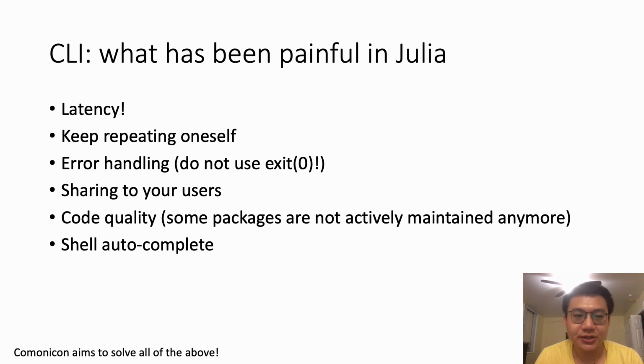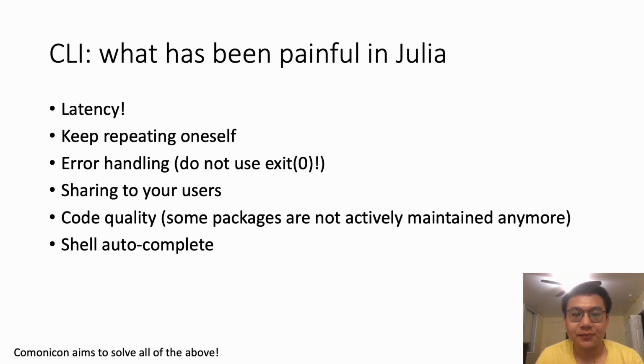And the fourth is that it's usually hard to share with the users of your CLI generator. This is mainly because most of the CLI generators in Julia don't handle the environment, so users cannot reproduce or set up your CLI without handling the environment themselves.